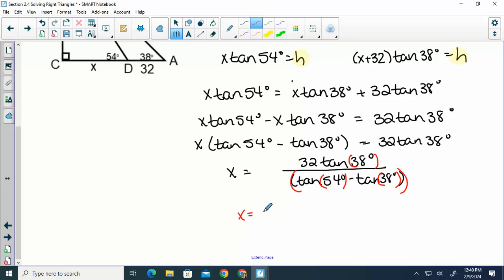Two significant digits in the problem. So I get 42.0119. So we would call it 42.